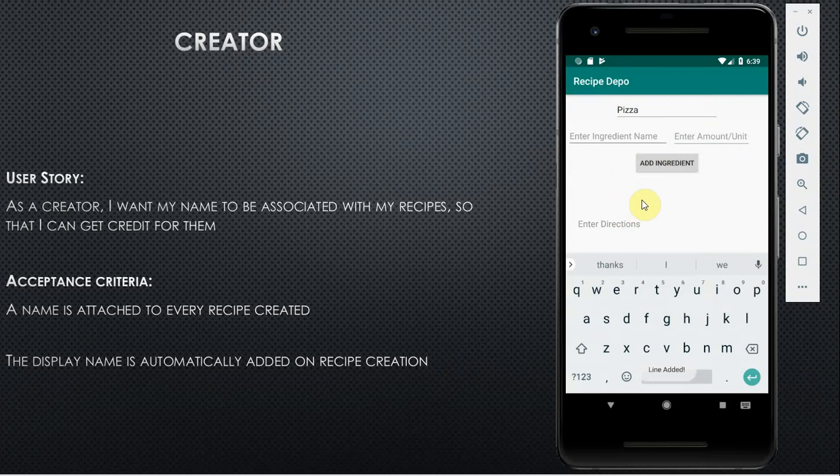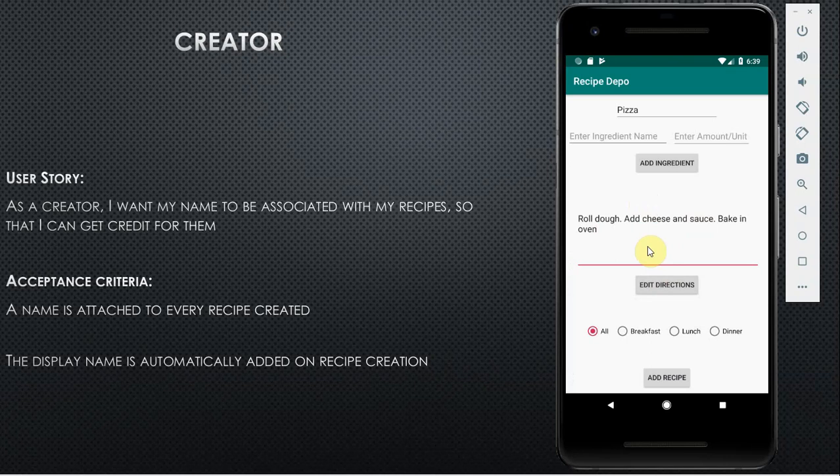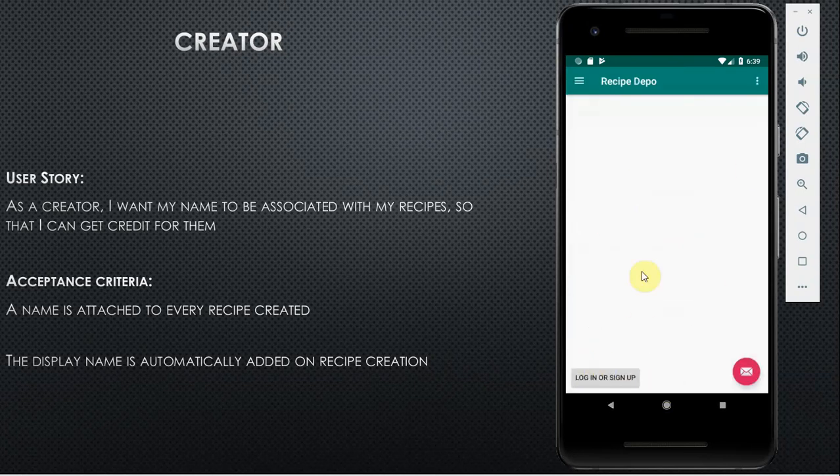Okay, and directions. Roll dough, add cheese and sauce, bake in oven. Add our directions, and then we'll go ahead and add the recipe.